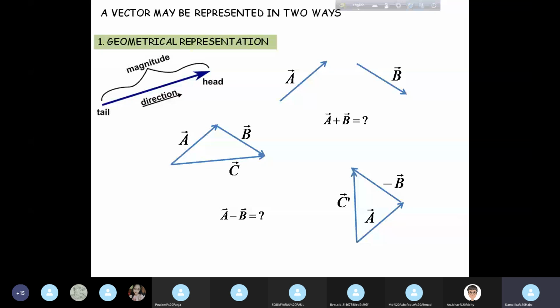So I just want you to realize that all this you knew already, this kind of representation of a vector.